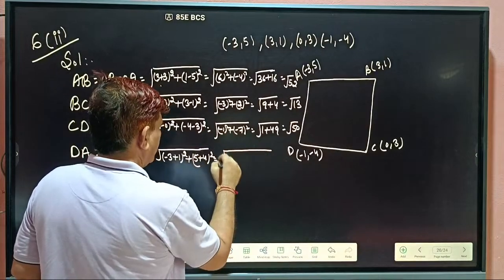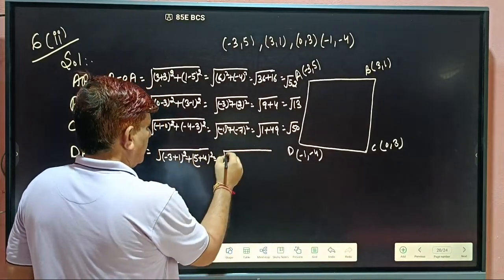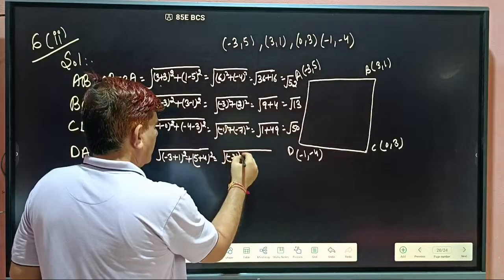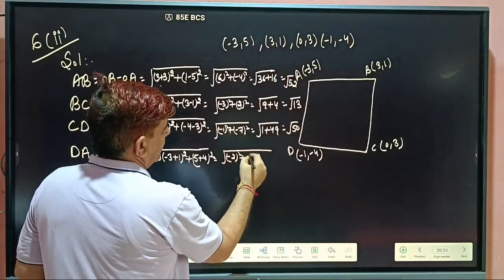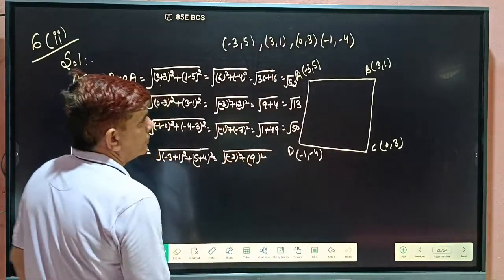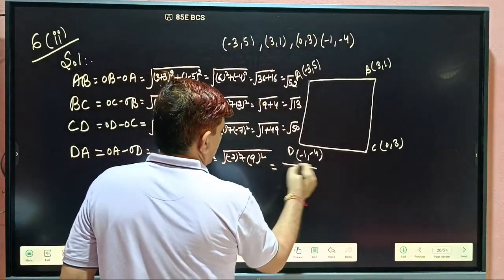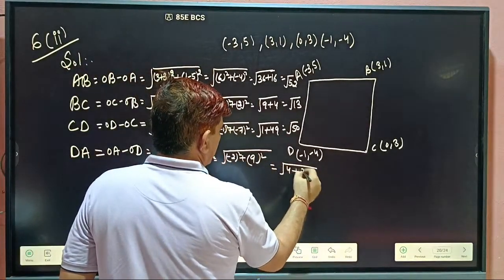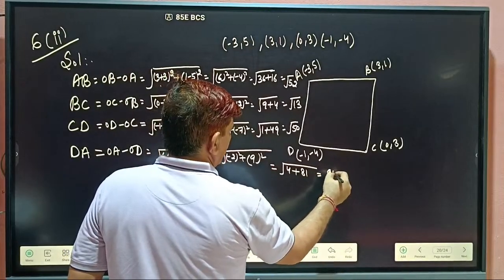So this is (-2) whole square plus 9 square, which is 4 plus 81, equal to 85.